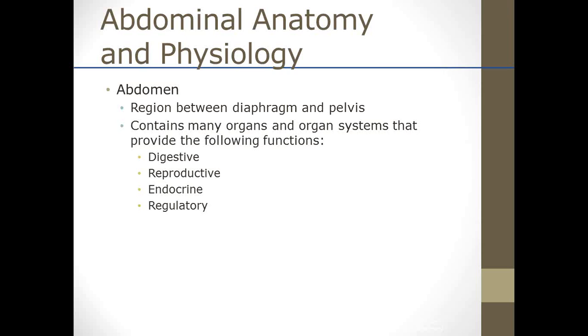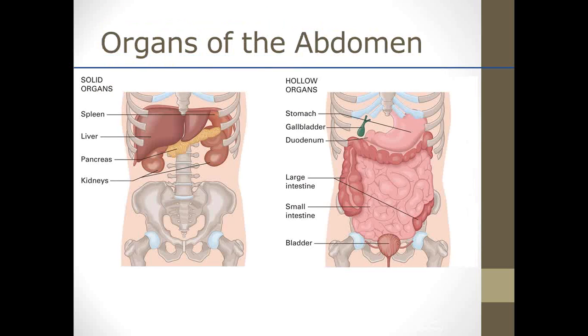We're going to find organs that are part of the reproductive system, both male and female. There's going to be organs in there that play a part in the endocrine system. An endocrine system is a system that, for the most part, regulates our hormones, so it plays a huge part in how the rest of our body functions. And then the regulatory system to keep homeostasis, keep our body regular.